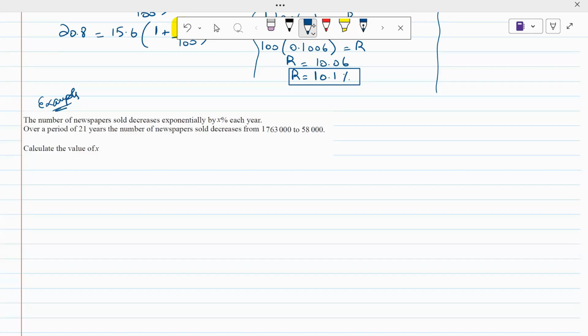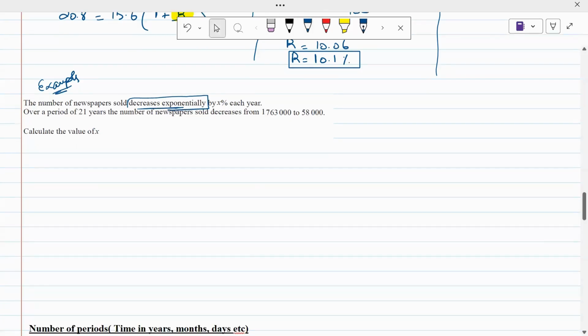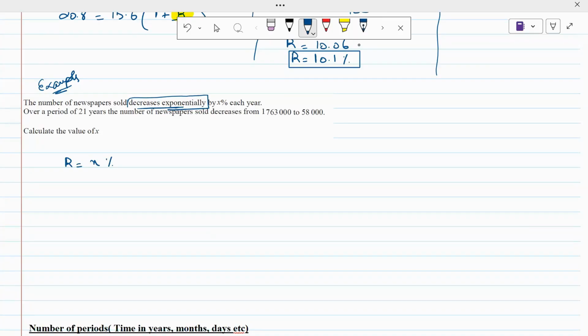Now here the question says the number of newspapers sold decreases exponentially. They have used the word exponentially and it decreases. Decreases means something is falling. By X% each year. X% each year means the rate.